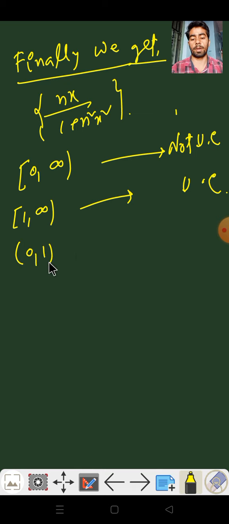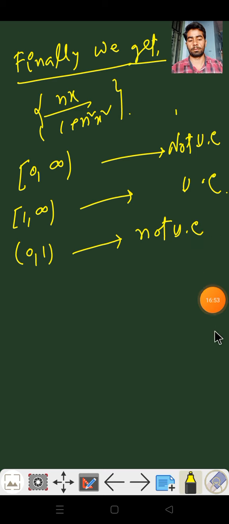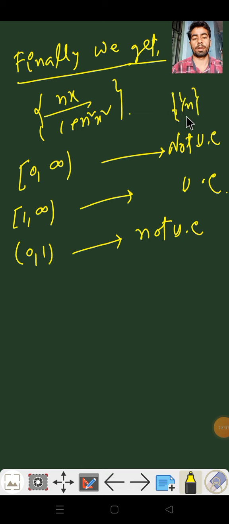On open interval 0 to 1, not UC, because of the sequence 1 by n. Where this sequence is allowed, we get not UC, and where it is not allowed, we get UC.